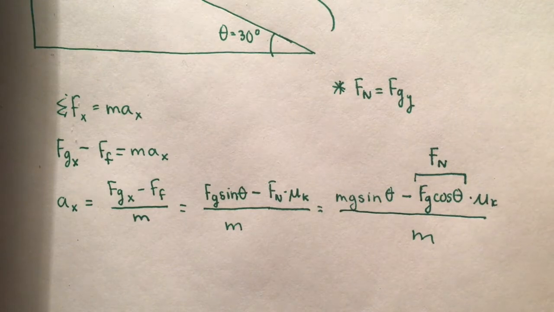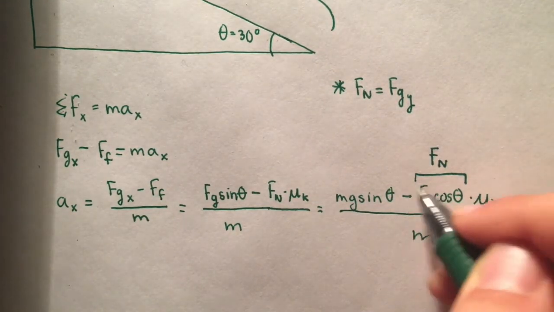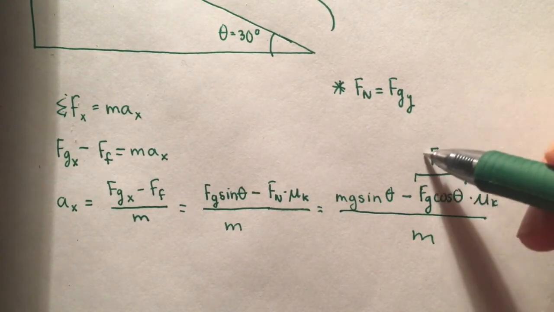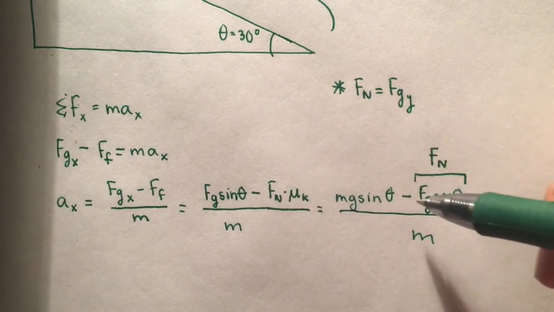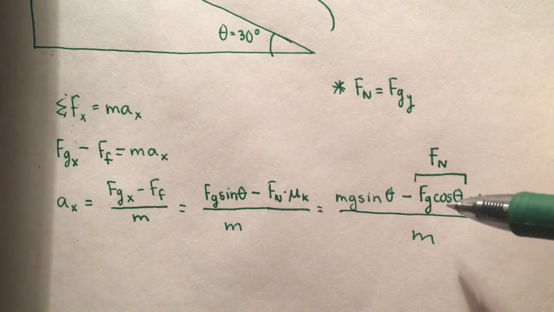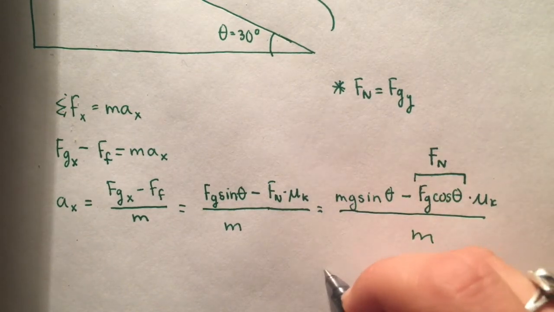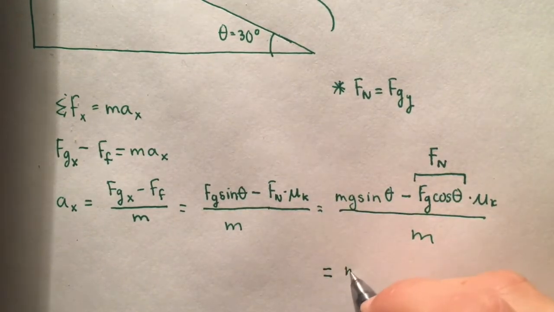Okay? I'm really close. I'm almost done with breaking this down. The only thing I need to do is rewrite the force of gravity. So all we did here is replace the normal force with Fg cosine theta, the vertical component of gravity. And we did that so we can rewrite it in terms of variables that we know, that we can plug in later.